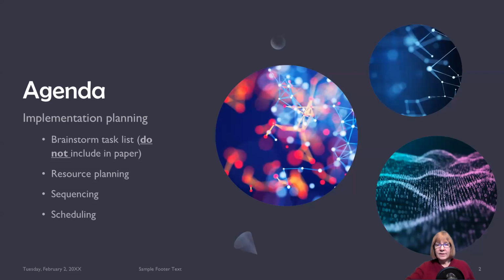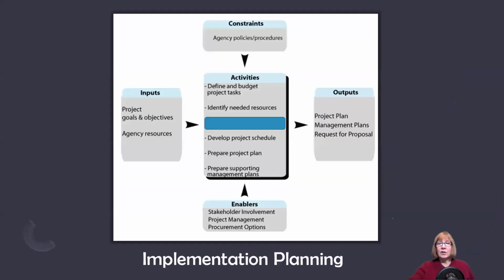So let's get started. First of all, you want to think about what goes into the implementation plan. This is a nice little summary that shows that it's kind of a systems theory approach to implementation planning. You have inputs, you have your activities, and you have your outputs, and then you have the constraints coming in and the enablers.